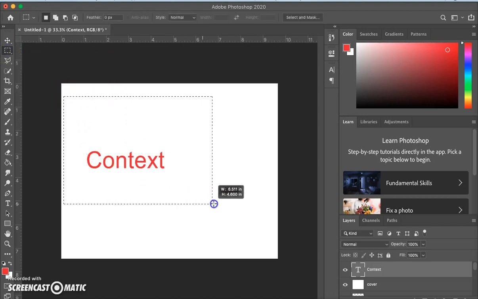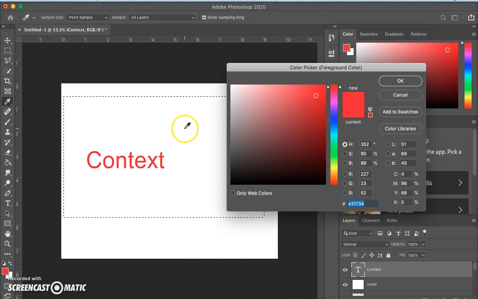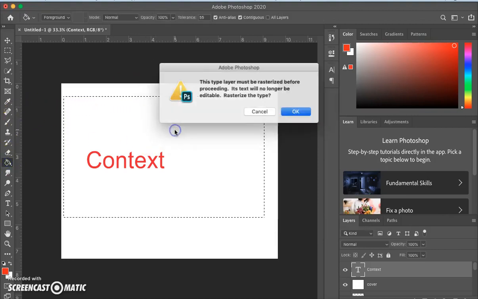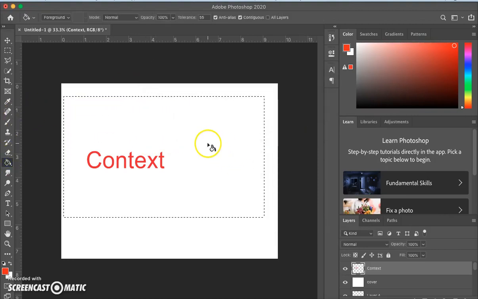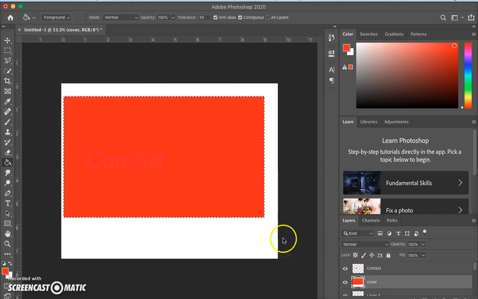Let's place a different color behind the word context in red. I'll choose an even redder red from the opposite end and put that behind it. I don't know if you can tell, the word is there, but it's extremely difficult to see.